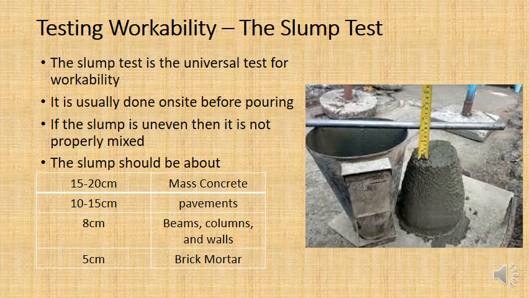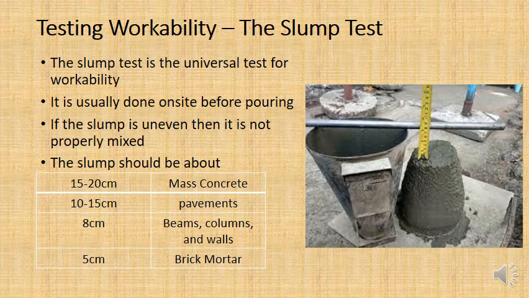Now, it's also a test for making sure that the concrete is well mixed. If it's well mixed, it will form a good castle shape similar to that. If it's not well mixed, it's probably going to crumble into a triangular shape. Now, the slump should be about 20 centimeters for mass concrete.